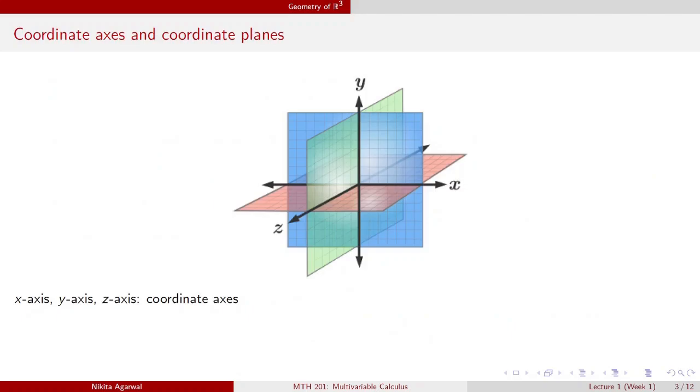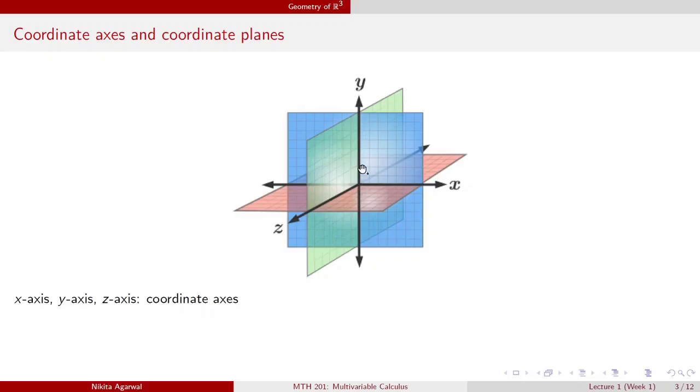So this is how you represent R3 geometrically. You have these three axes, x-axis, y-axis and z-axis. The bold x-axis here that you see is the positive x-axis, and on the back side is the negative x-axis.